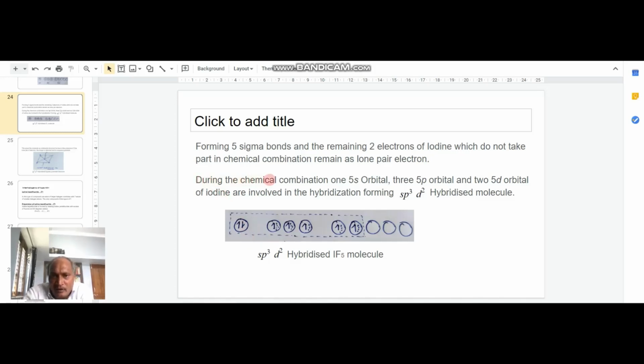During the chemical combination, 1 5s orbital, 3 5p orbitals and 2 5d orbitals of iodine are involved in the hybridization.